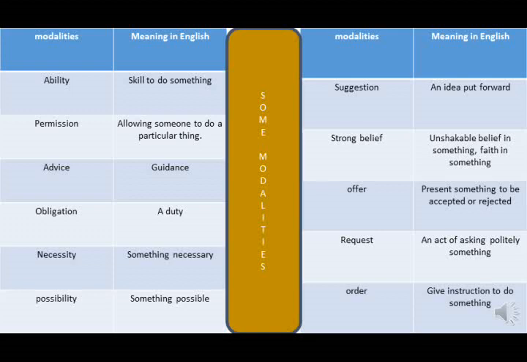A request is an act of asking politely for something. And last one is order, to give instruction to do something. If a strict teacher comes to your class, she will tell you, bring your maths book. So you should bring your maths book, but there is no option. This is an order which you should do and you must do.